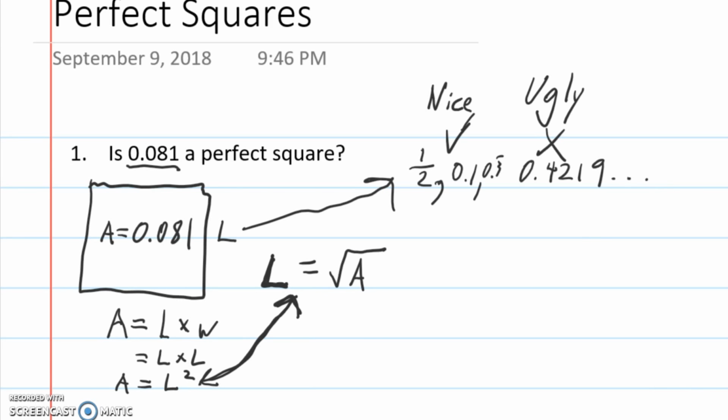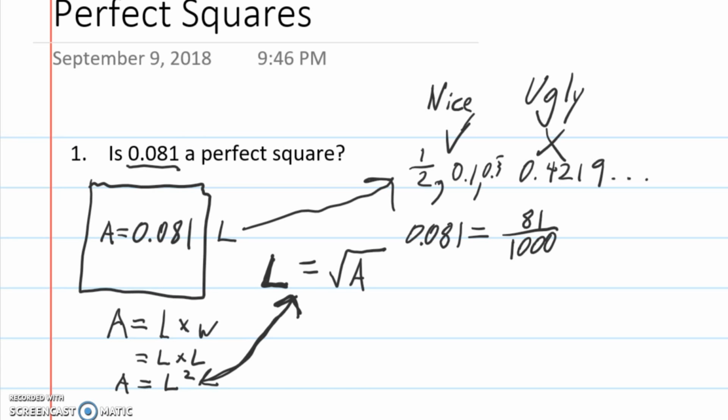So our area is that, and we could just plug it into a calculator, but we're going to be practicing without calculators, and on tests we're not going to be using calculators. So we need to make this number a little bit easier than 0.081. To do that, we're going to put it as 0.081 equals 81 over 1,000.